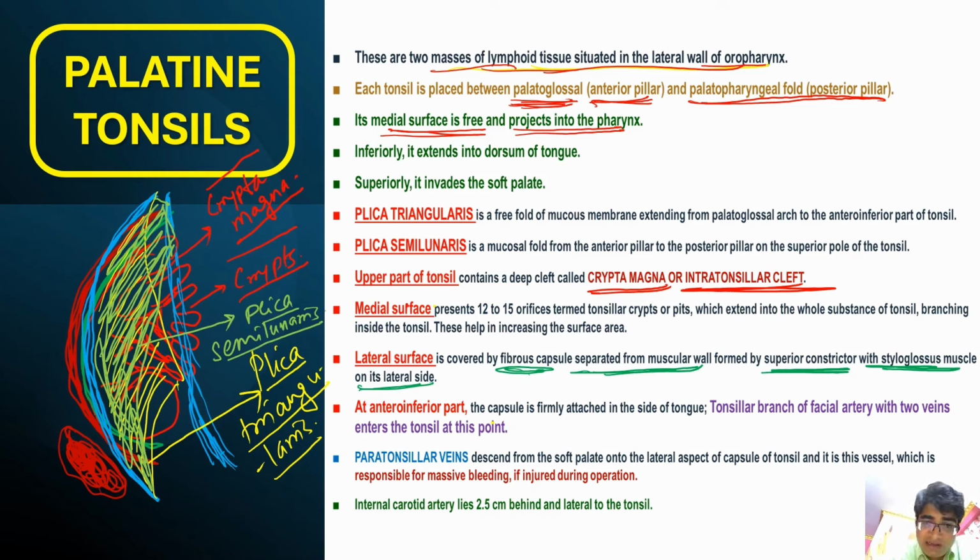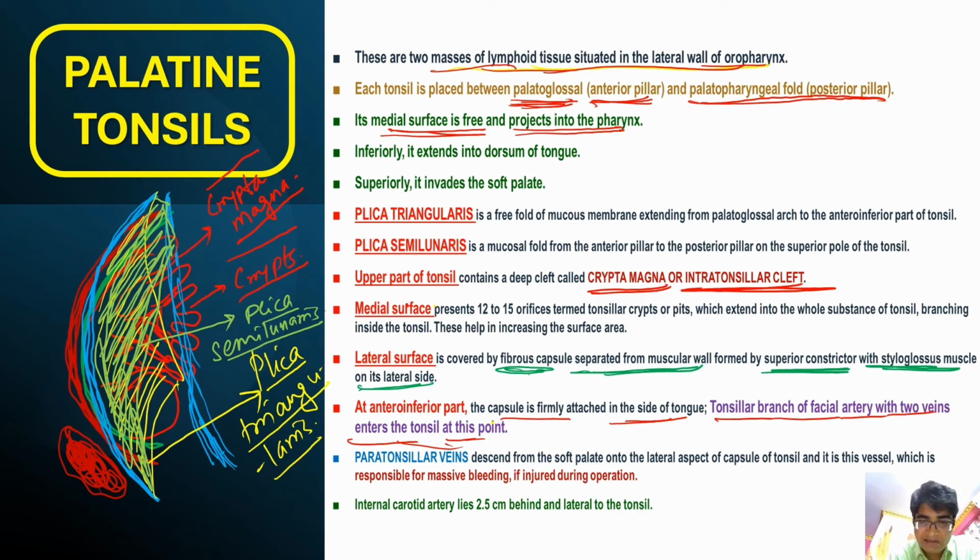Now, at the anteroinferior part, the capsule is very firmly attached to the side of the tongue, and the tonsillar branch of the facial artery with the two veins enters the tonsil at this point. So it is from the lower pole of the tonsil that the tonsillar branch of the facial artery with the two veins enters. Correct.